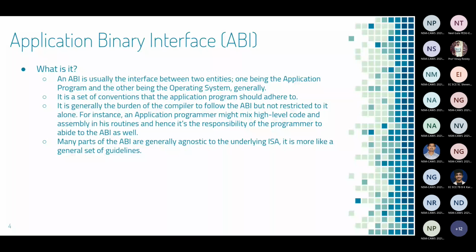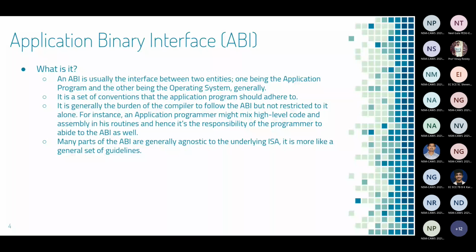the code should not destroy some information in the register which is not expected to be destroyed, so that your program can achieve what it wants to achieve. So it's basically a set of conventions that the application program should adhere to, and it's followed across libraries, across applications, so that different applications can be compatible with each other without breaking anything.